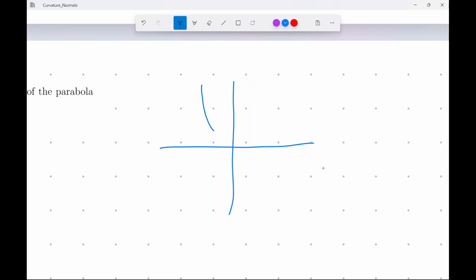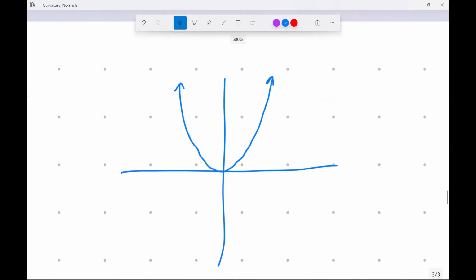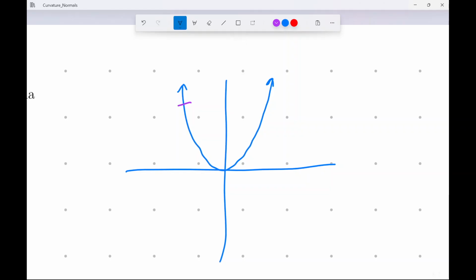Here is our parabola. Pretty nice. And so let's look at this. I'm going to divvy this up into some sections on our curve. And let's draw the tangent vector at each of these. Right here at this top left one, the tangent vector is pointing pretty far down, a little bit to the right.